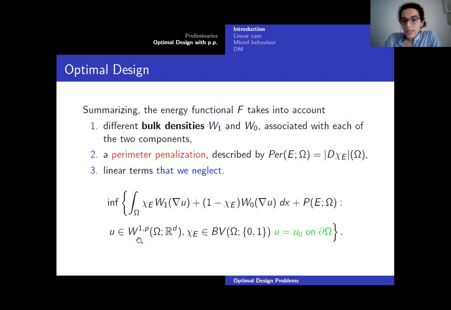So, this is the energy again, as I was saying, and I want to say that in some cases one can even prescribe a boundary datum on the field on the boundary of omega, but this also does not create problems. And as you can see, I'm neglecting the bulk loads because I'm assuming they are very nice to be dealt with. Essentially, they are continuous for the topology I'm going to consider then.